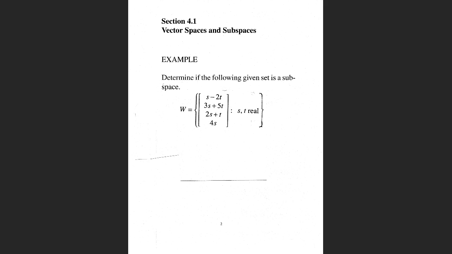All right. So, wow, this is an interesting space here. This is my space W. I'm not calling it space H, I'm calling it W, but I could have called it space H. And W is the set of vectors where all the vectors have to be of that form, where S and T are real numbers.